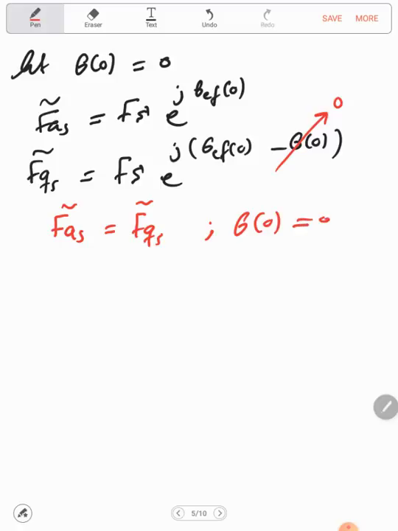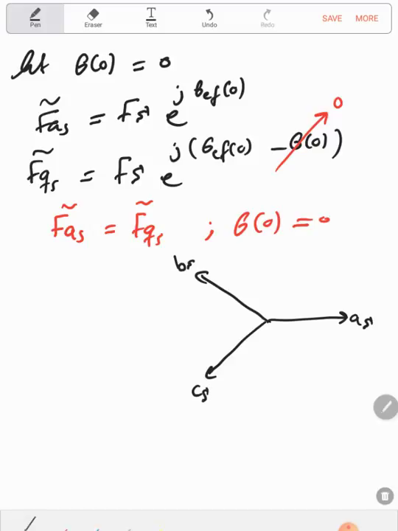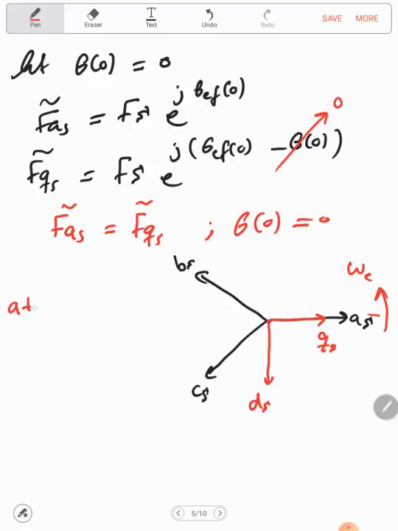The meaning of theta of 0 equal to 0, simply, if this is our abc axis, now at the start, at t equal to 0, this will be the qs, and this will be the ds, and now the reference frame is rotating by omega e. Remember, theta is equal to what?